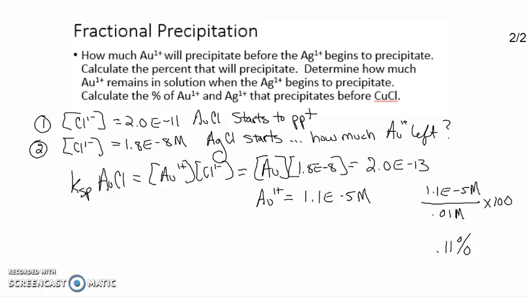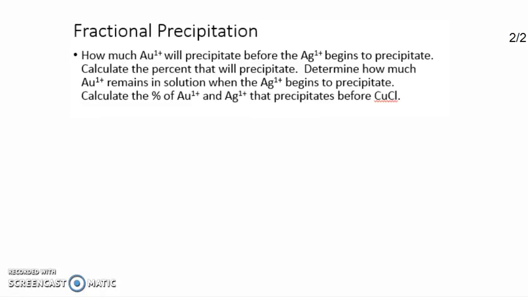Well, there's still one more point that's interesting in this titration, and that would be the point at which the CuCl begins to precipitate. The third and final point occurs when the chloride ion concentration reaches its high of 1.9 times 10 to the negative 5th.